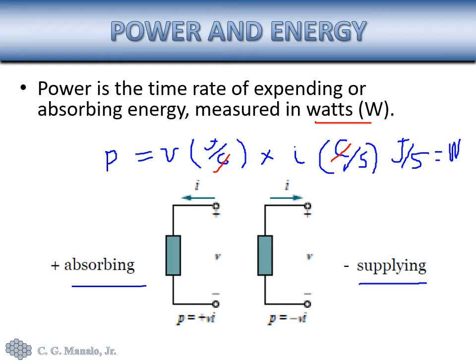For our element, let's say we label the voltage in this manner, so this is the positive, this is the negative, and current enters the positive terminal of the element. That would mean that the element is absorbing power, so it's gaining power.